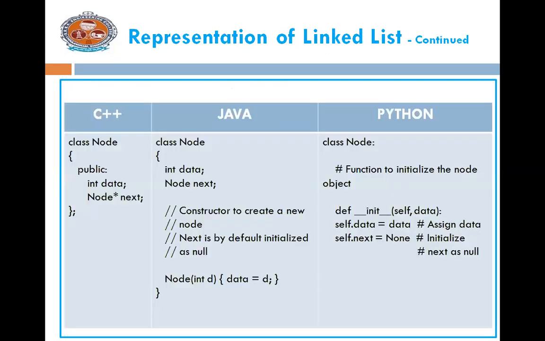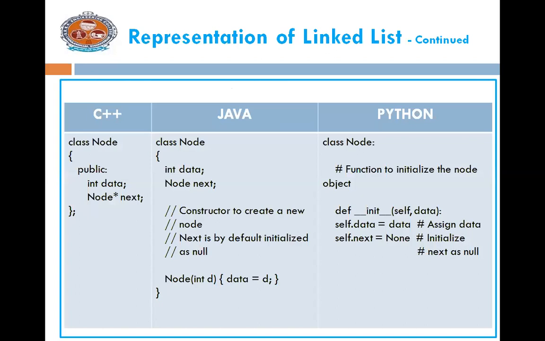This is the representation of a linked list in other languages, that is, in C++, Java and Python. In C++, generally a class is used to define a node. Here class is the keyword and node is the name of the class, and the data members are defined as public. You can also define the data members as private.